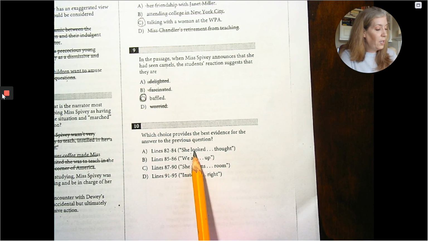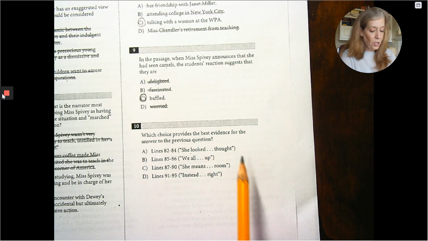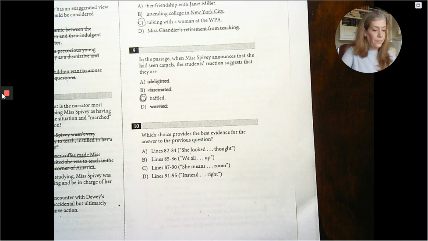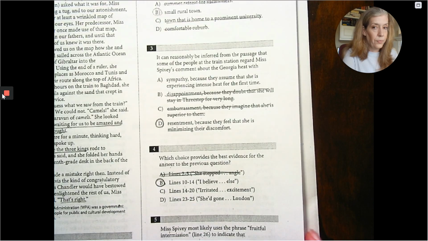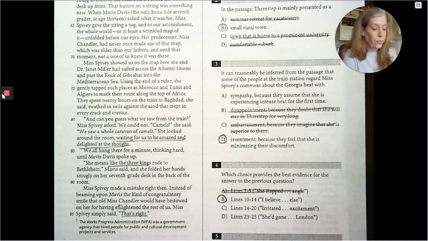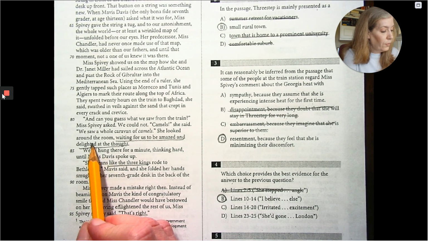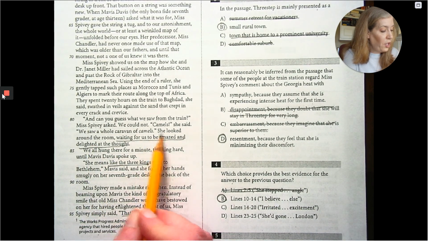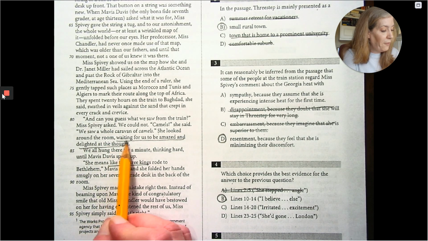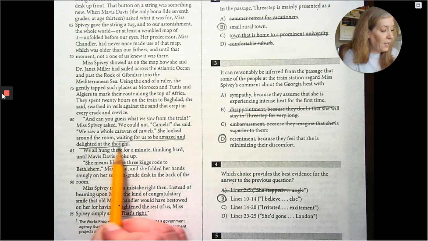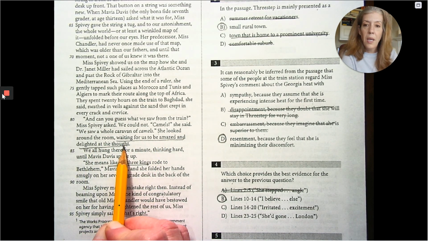She looked and thought, lines 82 to 84. She looked around the room, waiting for us to be amazed and delighted at the thought. That's Miss Spivey's reaction. That's not the student's reaction. So we're going to get rid of that one.